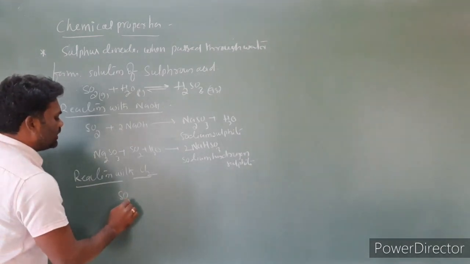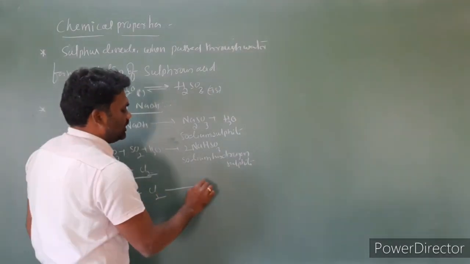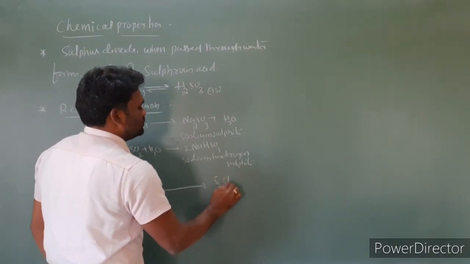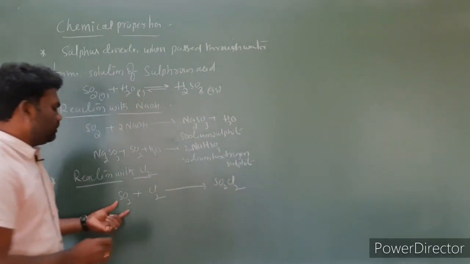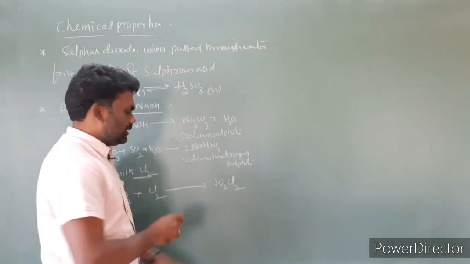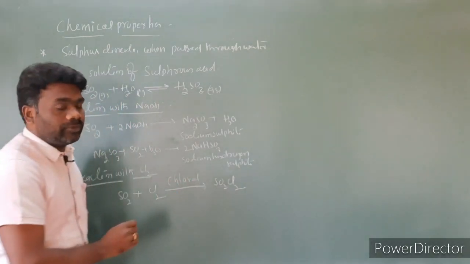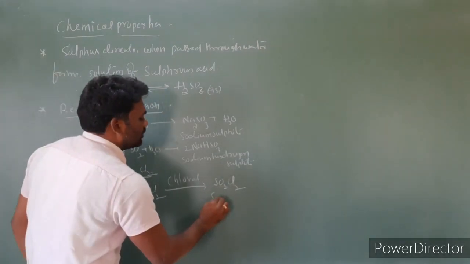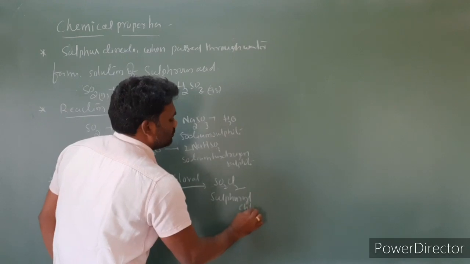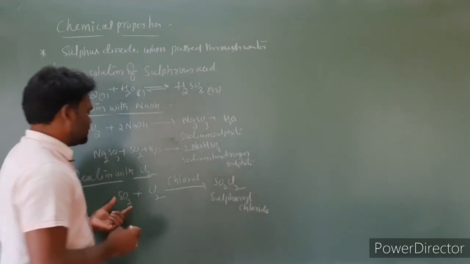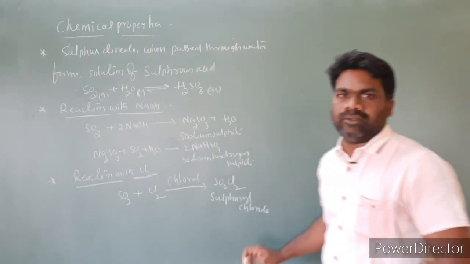So, sulfur dioxide SO2 plus Cl2 gives rise to SO2Cl2 in presence of charcoal. The product is sulfuryl chloride.